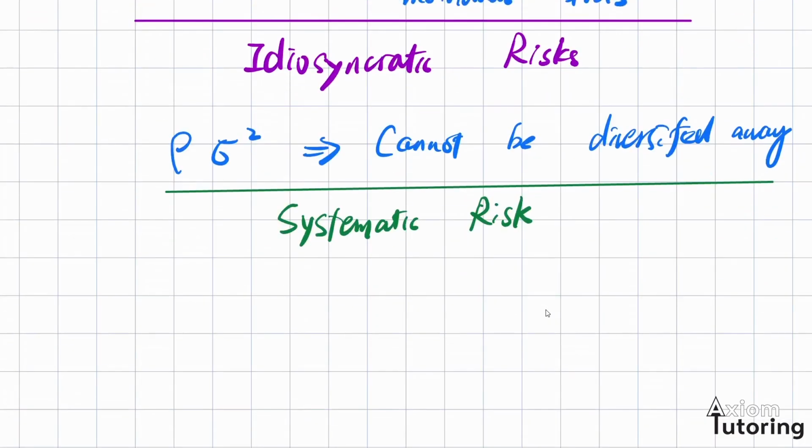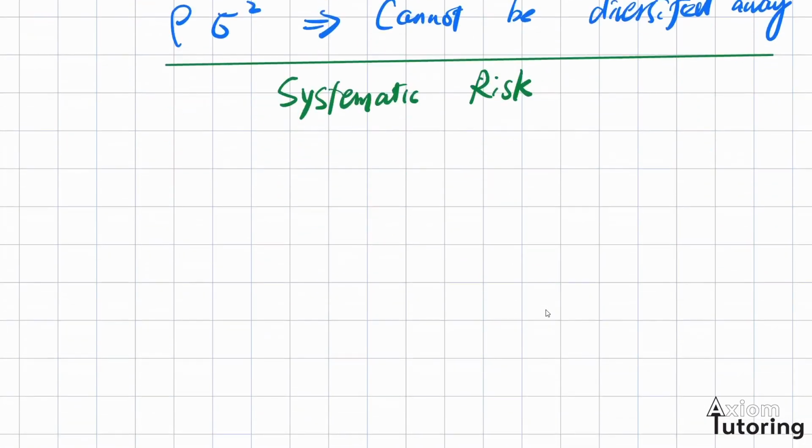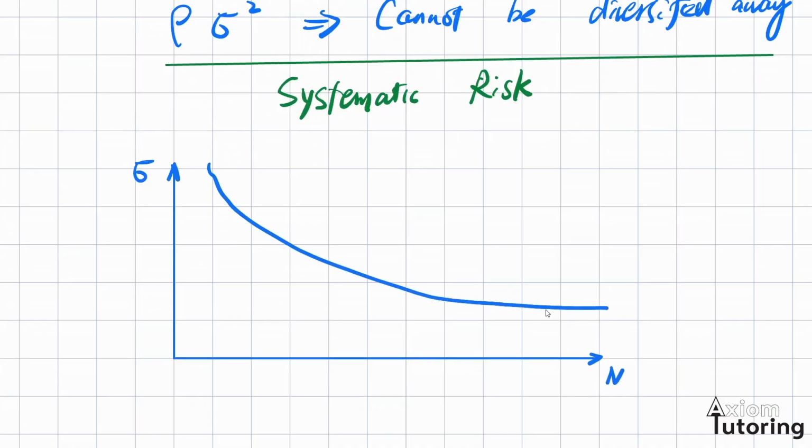Right? So if we would like to put all these things on a graph, then it's going to look like this: we have the risk on the vertical axis, and the more you buy, the more the risk is going to decrease. It doesn't allow me to draw a curve here, so let's just draw it this way.